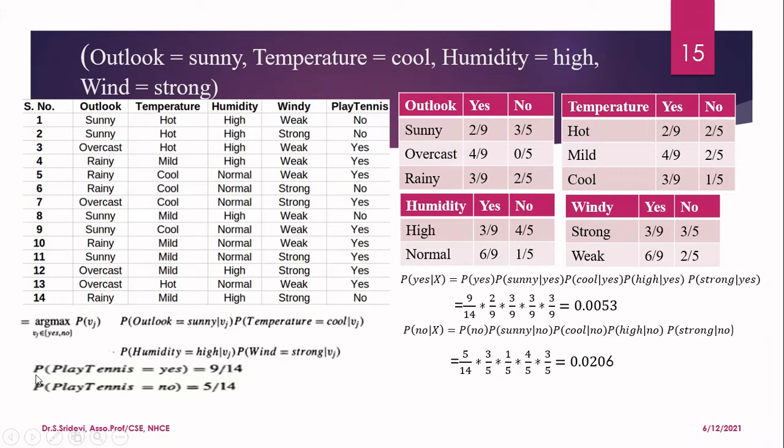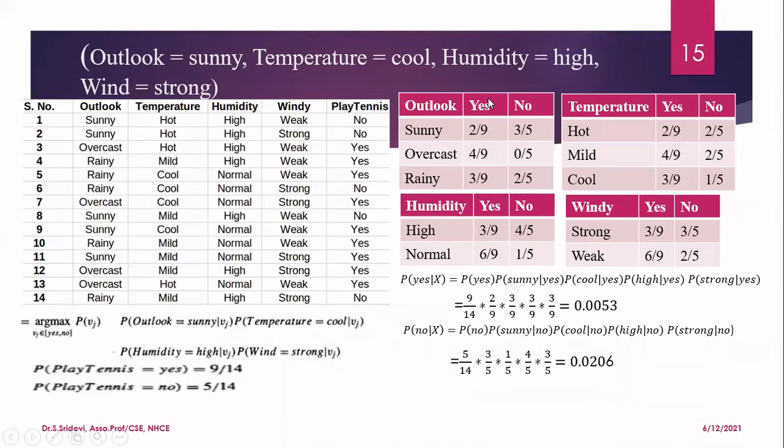So here the probability that play tennis is equal to yes is 9 times out of 14 instances. And similarly, out of 14 instances, play tennis is equal to no is 5 times. So I can write that probability of play tennis is equal to yes is 9 by 14 and probability of play tennis is equal to no is 5 by 14. So I am getting yes in totally 9 different instances.